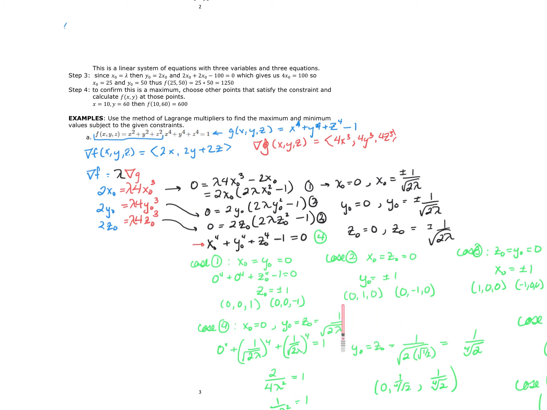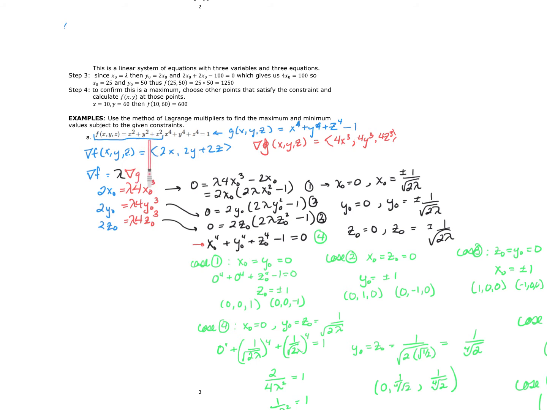I know that these are going to produce the smallest because when I put in one of my other choices, where I have 1 over the 4th root of 2 and 1 over the 4th root of 2 and 0, I'm going to get 0 for one term. And then plus, I know that when I square the 4th root, it'll be the square root, and I have 1 over the square root of 2, plus another 1 over the square root of 2. That's larger than 1.